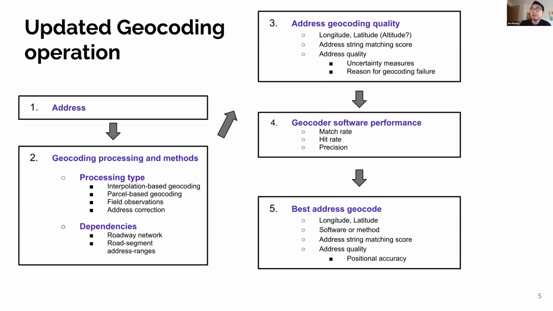We're going to take the addresses and consider whether we can process them into the components for input into the geocoders. And we're also not just using one geocoder. We're going to use potentially 2, 3, 4. There are different types of geocoders. So do we want to weigh the benefits of using one type versus multiple types?